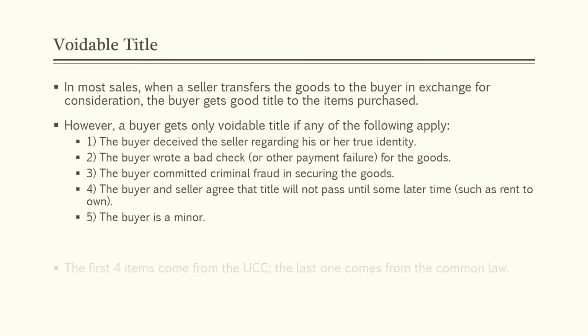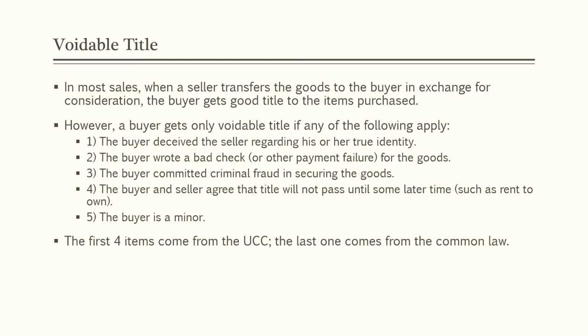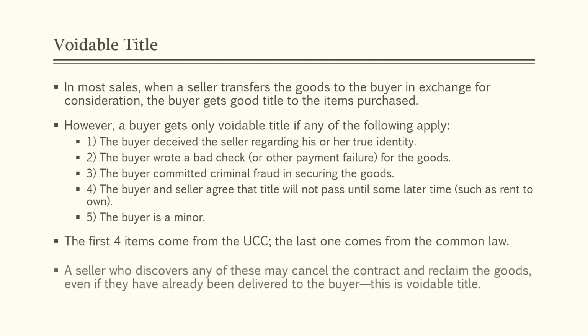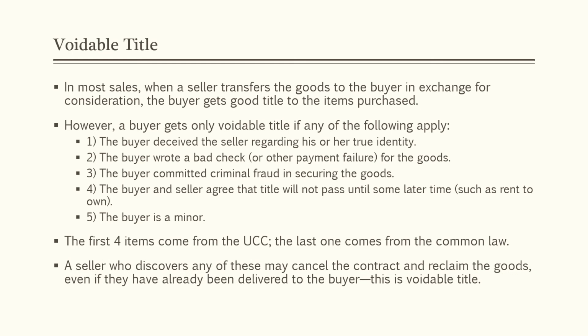Now, the first four items in the list above come from actually the UCC, and the last one, the buyer is a minor, comes from the common law, just like mental incapacity does. A seller who discovered any of these may cancel the contract and reclaim title to the goods, even if they have already been delivered to the buyer. This is voidable title.